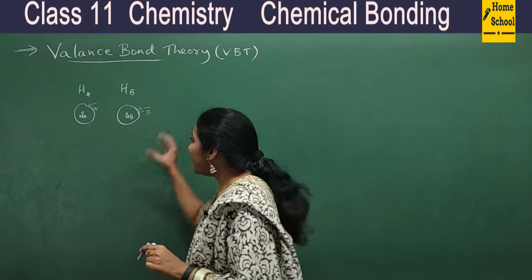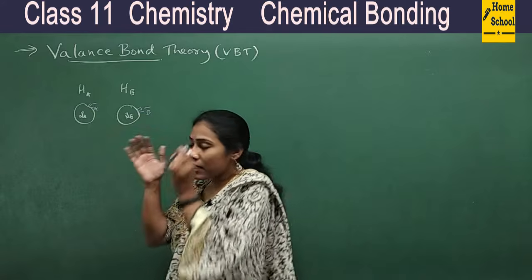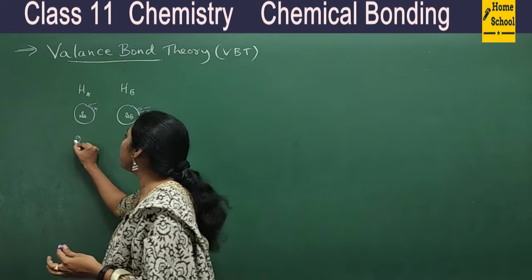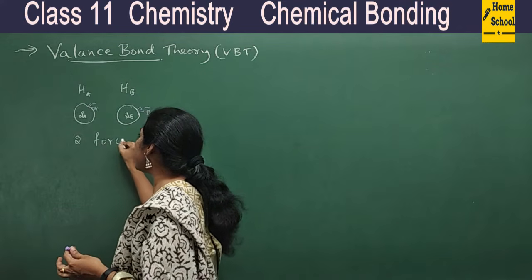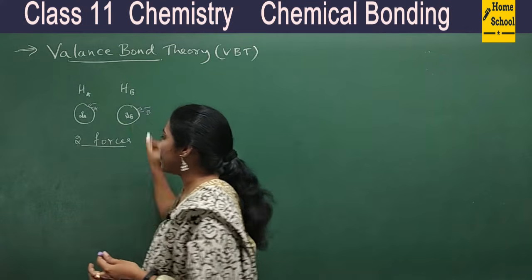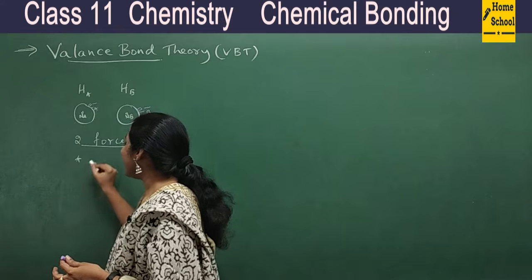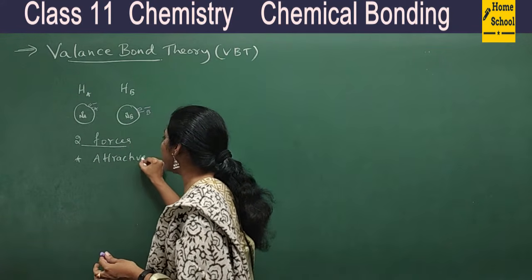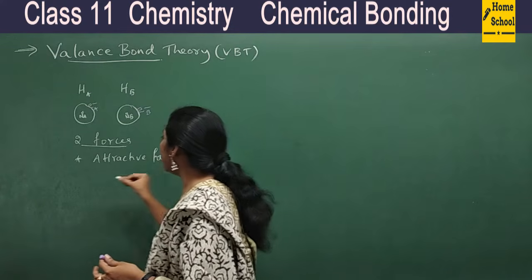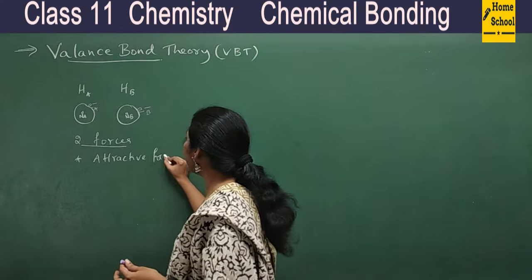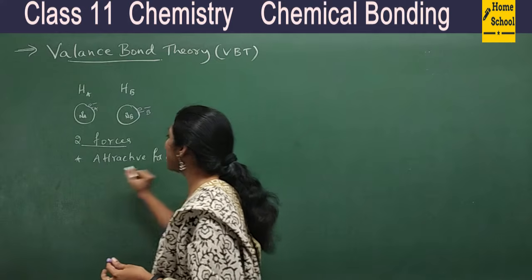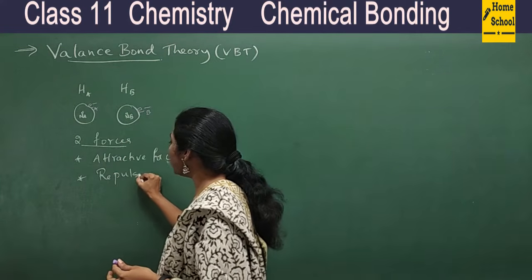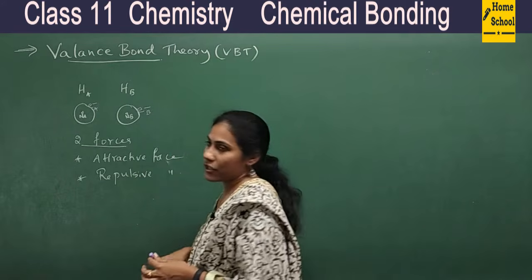Okay. So when they try to come closer to each other, you will observe 2 types of forces existing between these atoms. One is the attractive force, and the other type of force that you can observe is the repulsive force. So you will observe both attractive forces and repulsive forces.